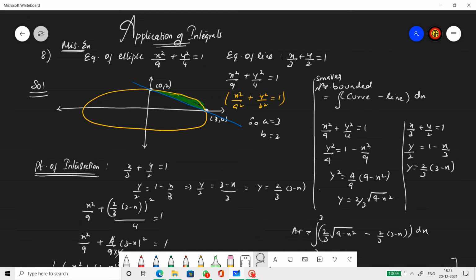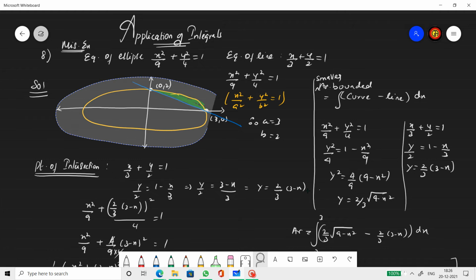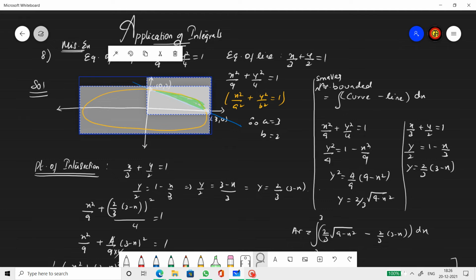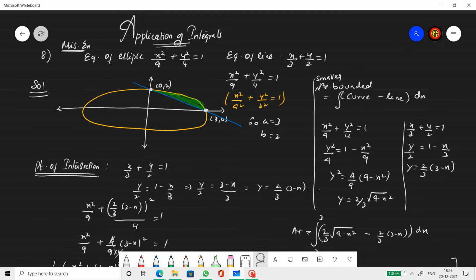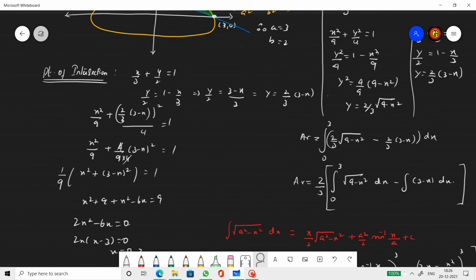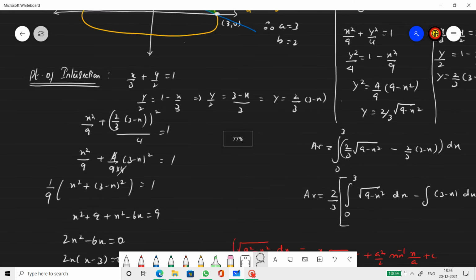So here the main diagram is the ellipse equation. First draw the main diagram, then find the point of intersection, so find out how the line and the ellipse meet. So I took the equation of the line. Let me zoom in a little bit.